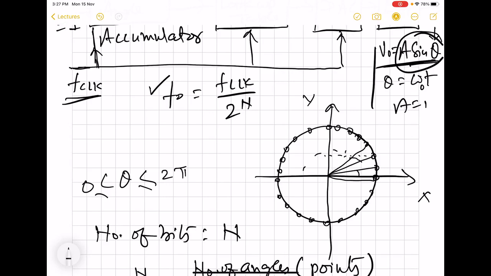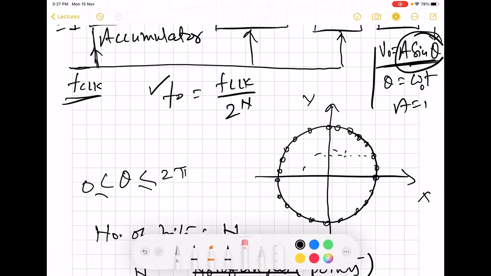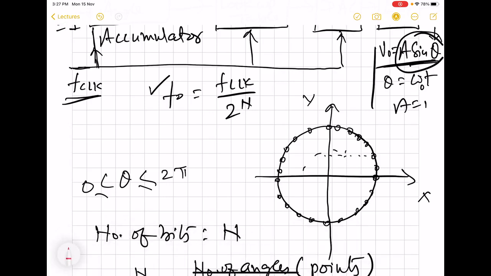Now what one can do is, instead of reading each of the consecutive angle informations, one can, for example, read every alternate one like this. So we are skipping these intermediate values. Now if we do it this way, then you can see that we will be able to cover one complete cycle in fewer clock cycles of the f clock.